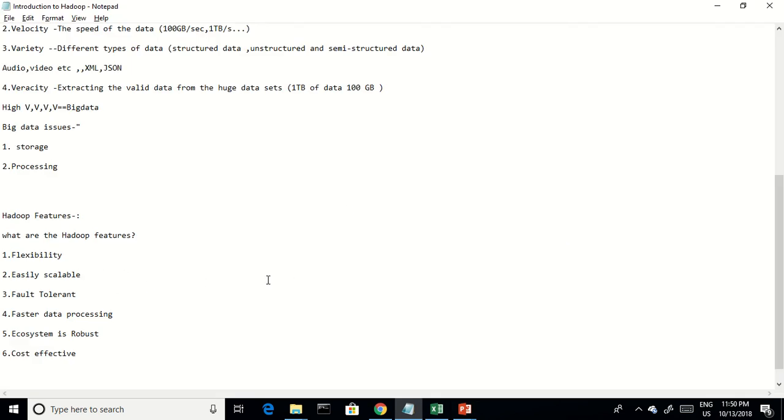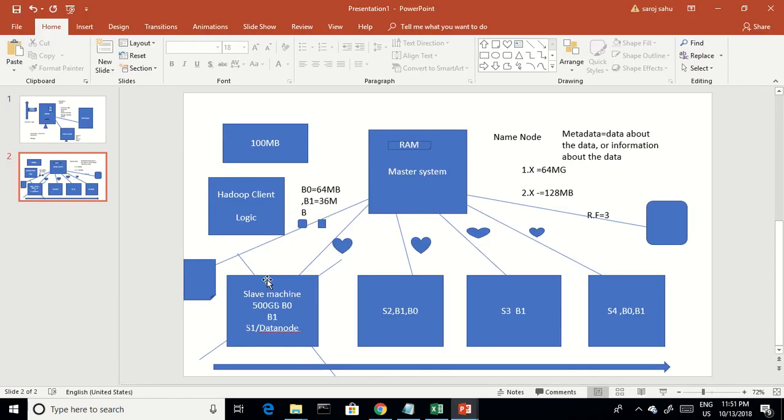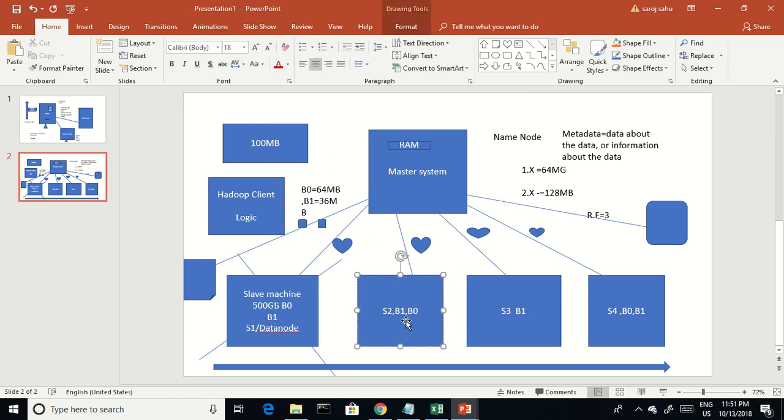And fault tolerant. How can it be fault tolerant? Fault tolerant in the sense that faults can be sustained and the issue can be mitigated. If one system goes down or has some issue, I can still have the information. Here, if this system goes down, I can have the file information or block information in another system, because the replication factor is 3.